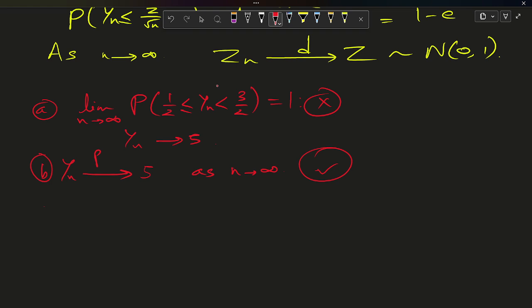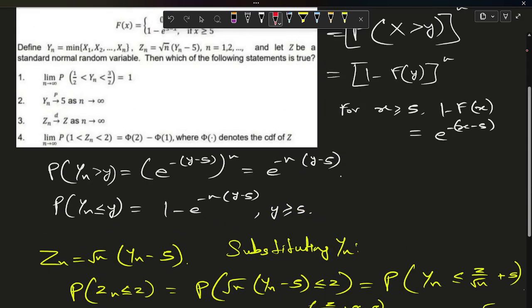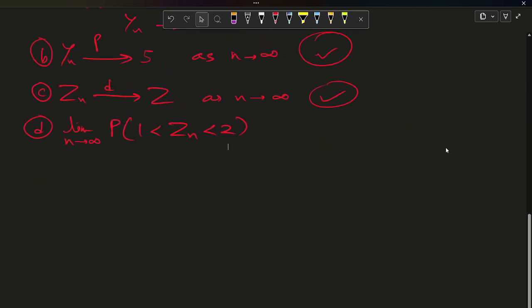Next, option C: Zn converges in distribution to Z as n tends to infinity. This is true, we have done it here. Then, limit n tends to infinity of the probability that 1 is less than Zn less than 2 equals phi(2) minus phi(1).